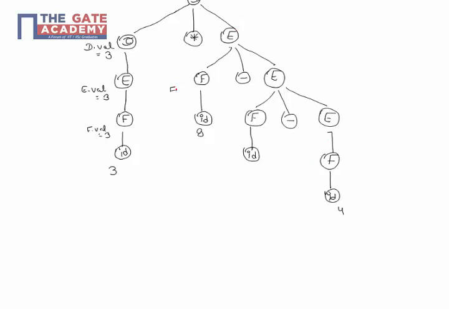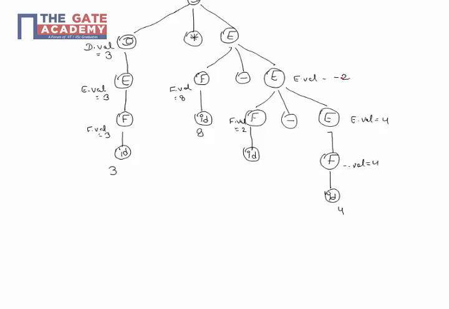So for that F.val will become 8, this F.val will become 2, this F.val again becomes 4, and this E.val will become 4. Now I'll have to subtract these two values. E.val is equal to this F.val, that is 2, minus E.val, that is 4. 2 minus 4 is minus 2.